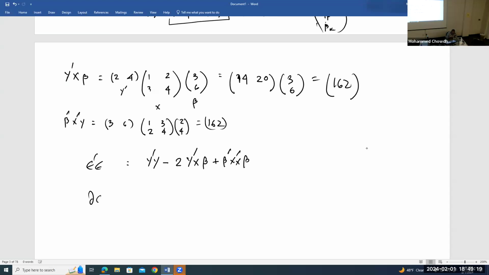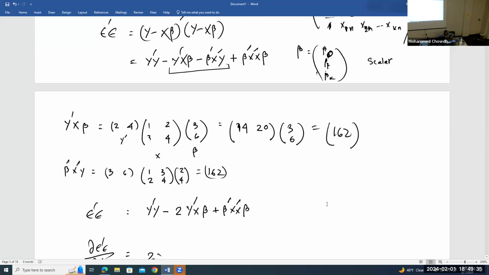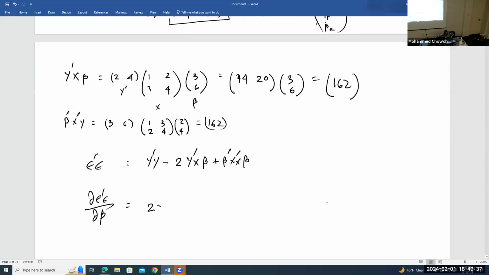Now if you differentiate this with respect to beta, you will get what? 2... what was the value there? Let me see. This is the formula.